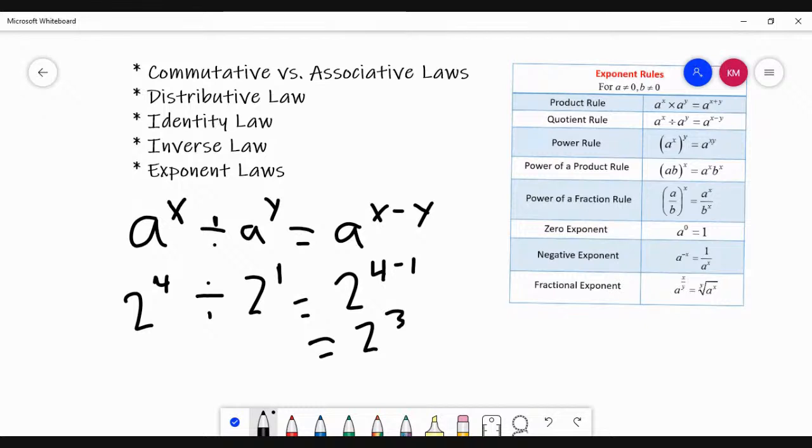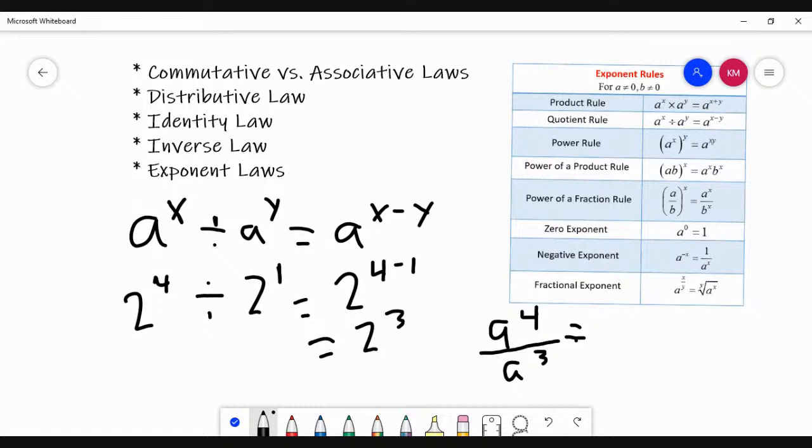Now, another way of seeing or doing this, you would also see, say for instance, a to the fourth over a to the third. A fraction is also known as division.